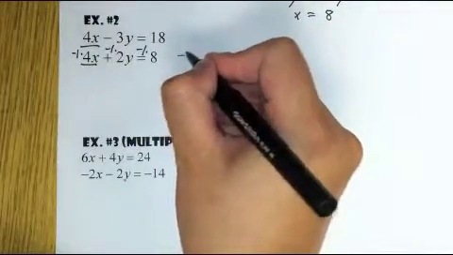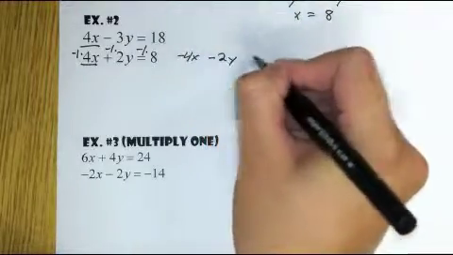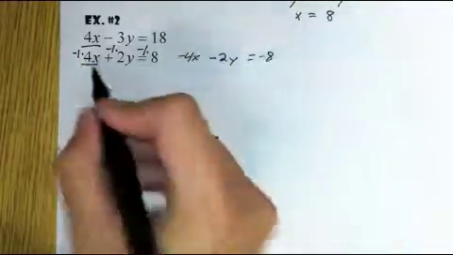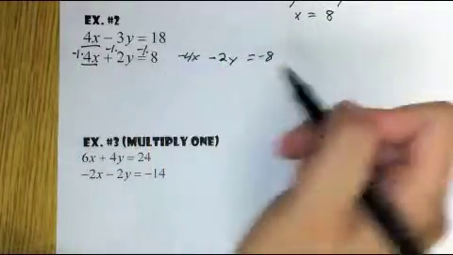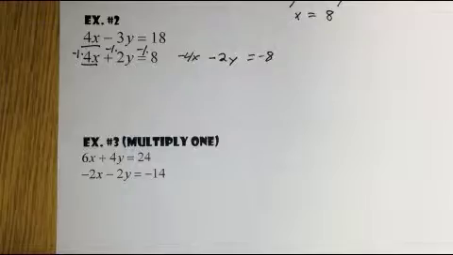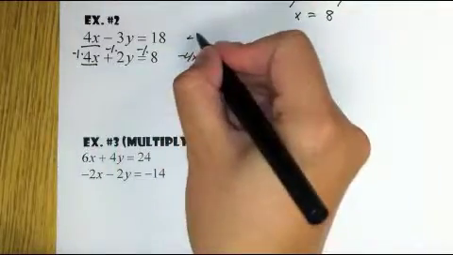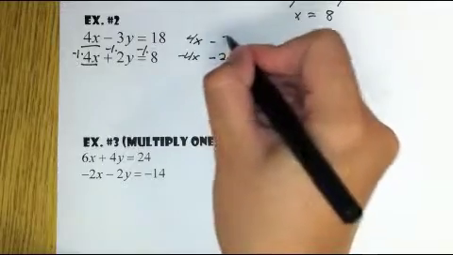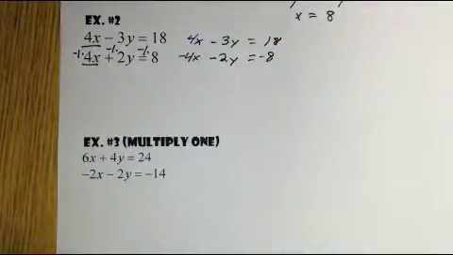Well, we get negative 4x minus 2y equals negative 8. Negative times a positive is a negative, negative times a positive is a negative. Okay, just flipping all the signs. Do we do anything with the top one? Nope, just bring it over. I like to keep it organized, keep everything lined up, as you can see.